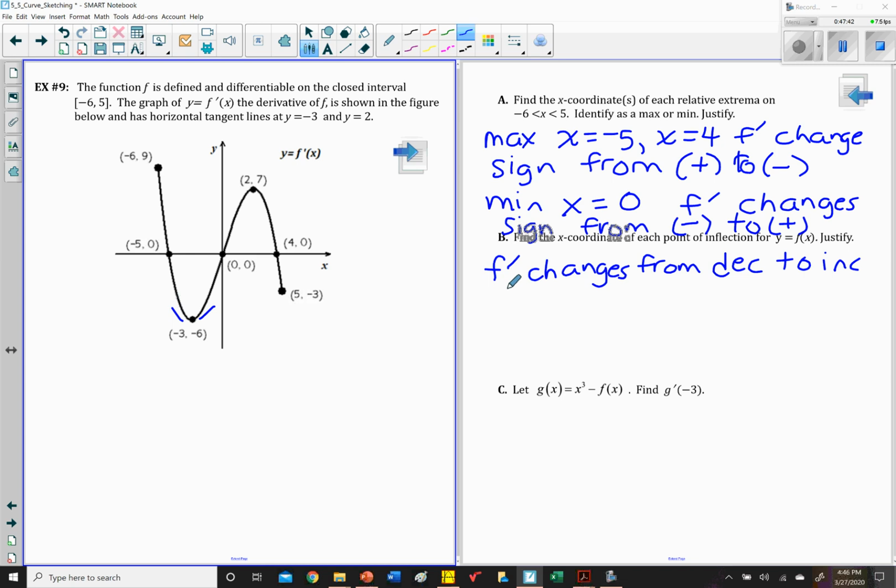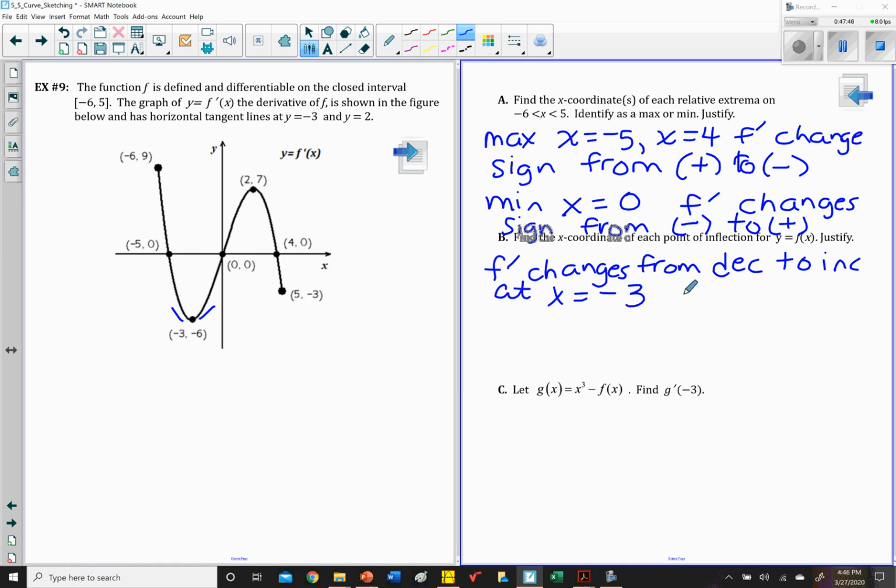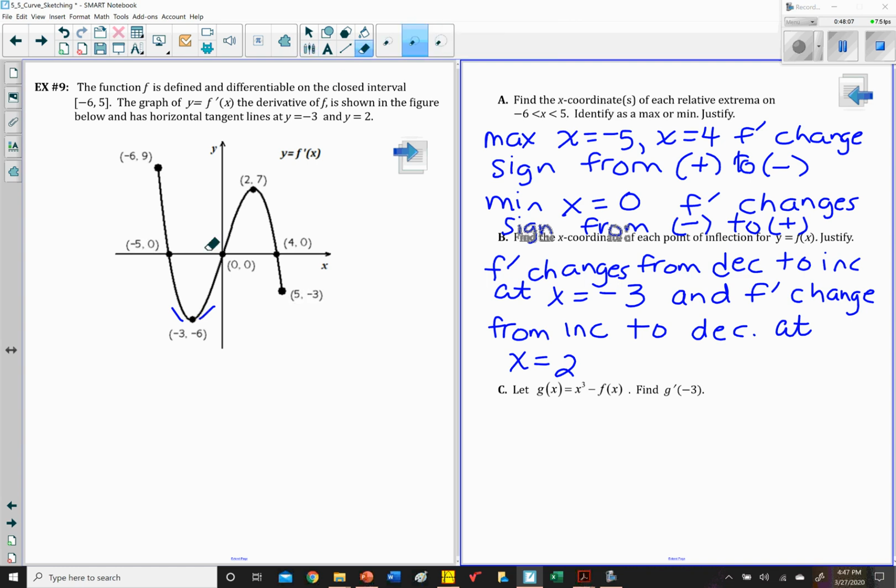That's going to be right there at -3, and where the first derivative changes from increasing to decreasing, that's at +2. Okay, last thing, I'm aware of the time. It's a long lesson.